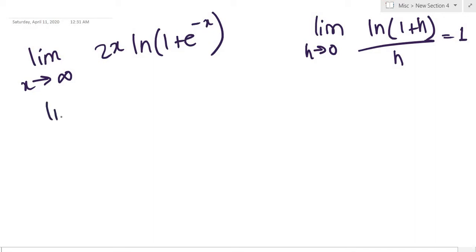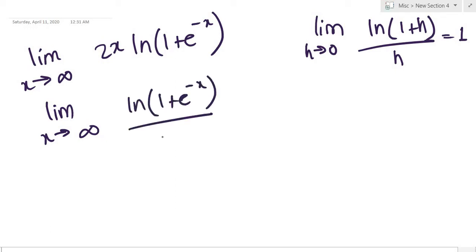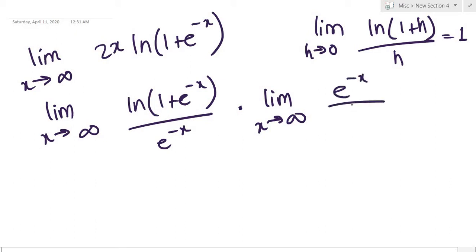So we might want to divide by an e raised to negative x here. So the natural log of 1 plus e raised to negative x over e raised to negative x, and then we still have to multiply by another, separate limit as x approaches infinity of e raised to negative x times 2x.